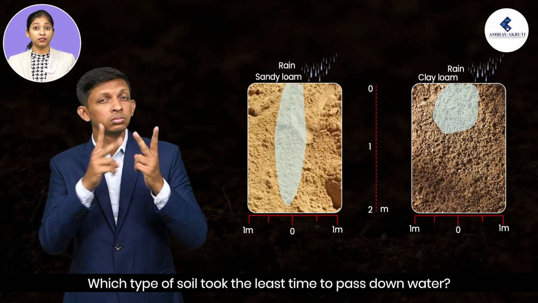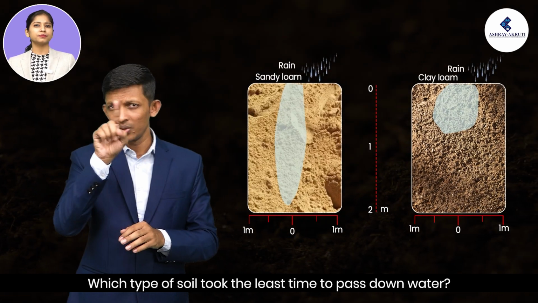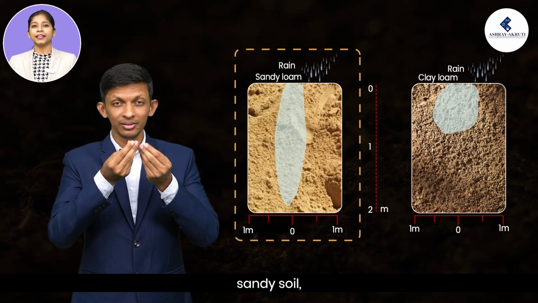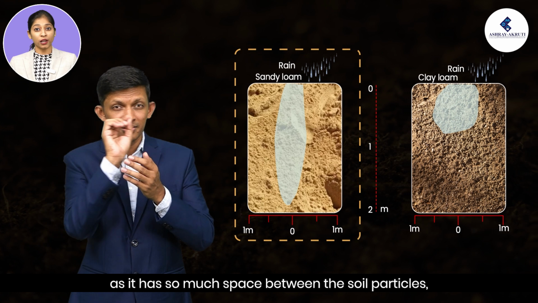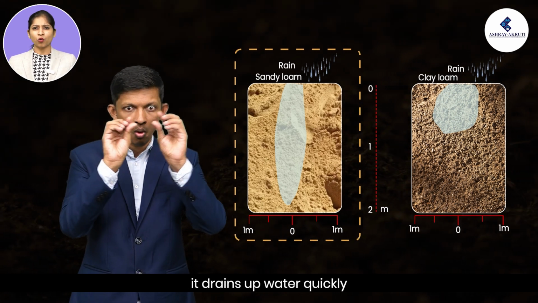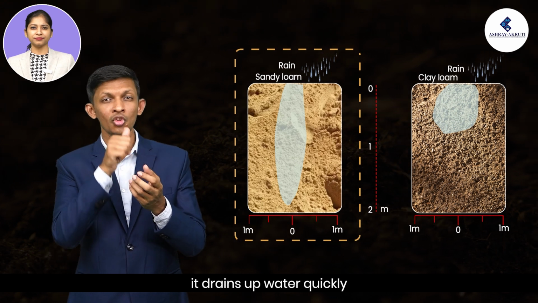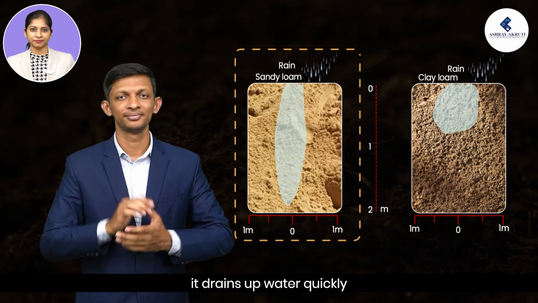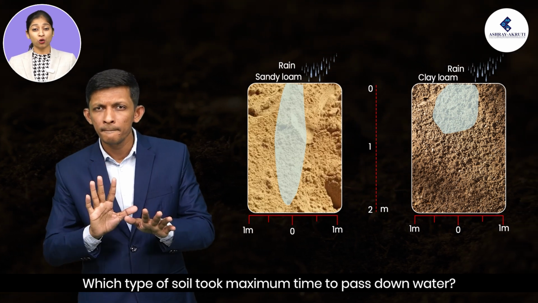Which type of soil took the least time to pass down water? Sandy soil. As it has so much space between the soil particles, it drains water quickly. Which type of soil took maximum time to pass down water?